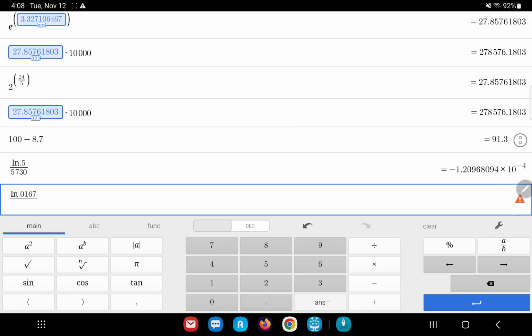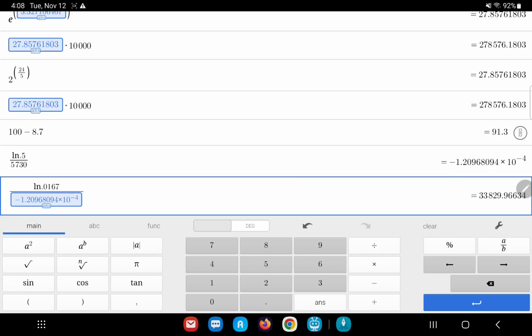That was the k value. So divided by that number there. There we go. And then we get a t value of 33,829.96. It's going to take quite a long time for this substance to decay down to 1.67%.